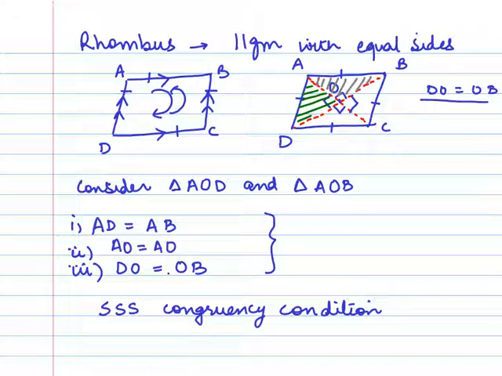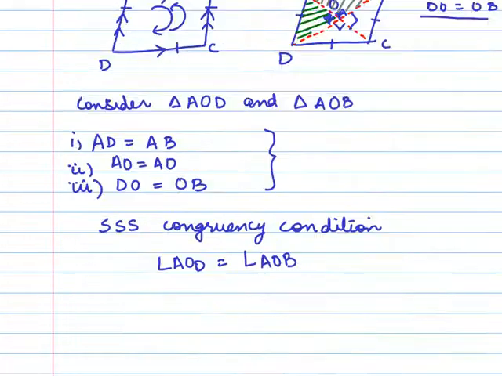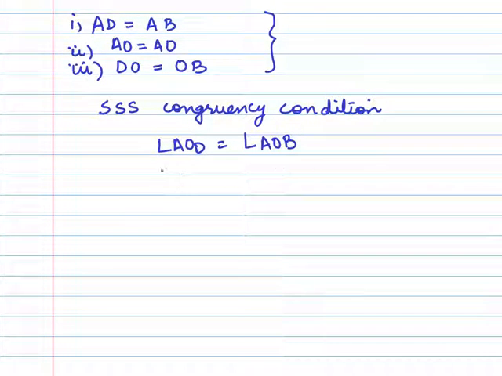So with this property we say that all the angles of these two triangles are equal. Thus we can say that angle AOD will be equal to angle AOB, right? And because these two angles form a linear pair, meaning the summation is 180 degrees, therefore they are equal to 90 degrees.